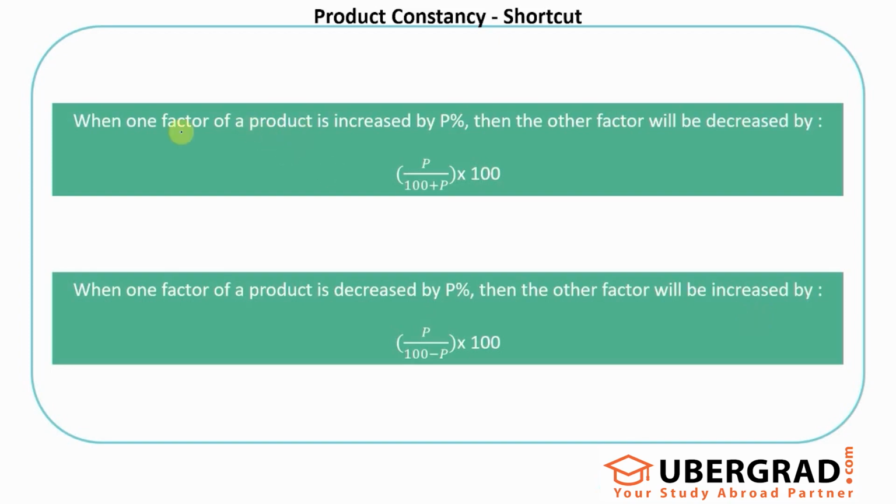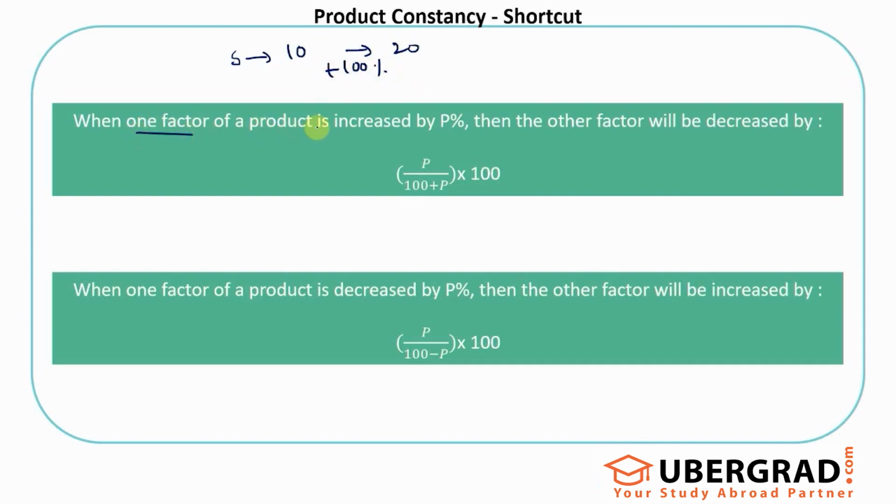So the formula says: when one factor of a product is increased by p%, then the other factor will be decreased by p by (100 plus p) into 100 percent. If you remember the earlier case, the speed increased from 10 kilometers per hour to 20, that is plus 100%, right?